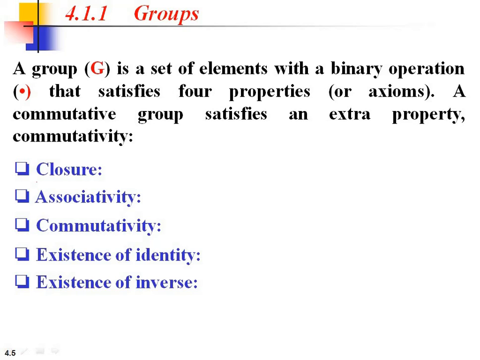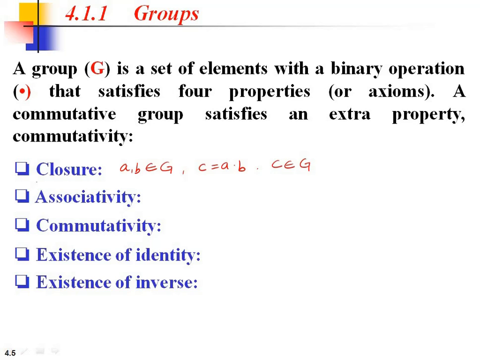The closure property states that if we have two elements A, B and both of them belong to group G, then the element C obtained by performing A dot B should also belong to G. This is known as the closure property.